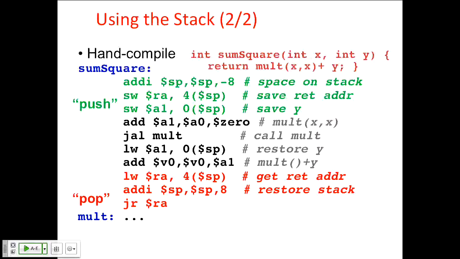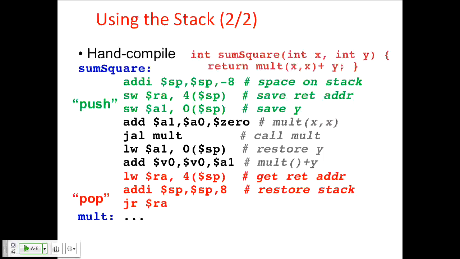Because at this point, I don't actually know where it's going to be in memory. So I just have a symbol saying, when you're all done compiling and linking, this jump and link should go to wherever this multiply routine ends up in memory. And in the assembler, which is this human readable form of the machine code, you can just use these symbols. I just say multiply colon means, assign to this symbol multiply the address of wherever this instruction ends up in memory, right?